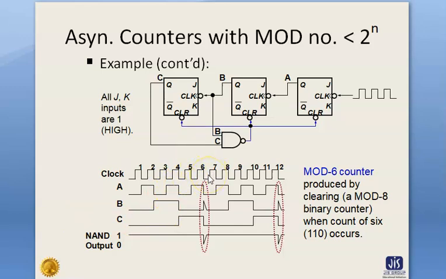It essentially skips the 1 1 0 and 1 1 1 states, so it goes through only 6 different states, that is 0 0 0 to 1 0 1. Thus it is called a mod 6 counter or divided by 6 counter.